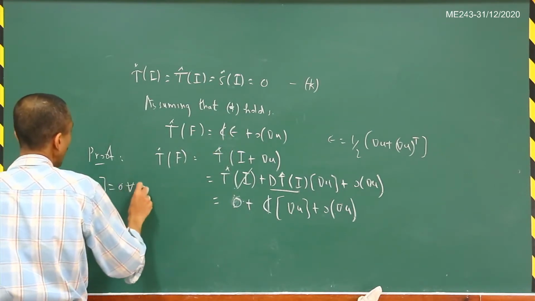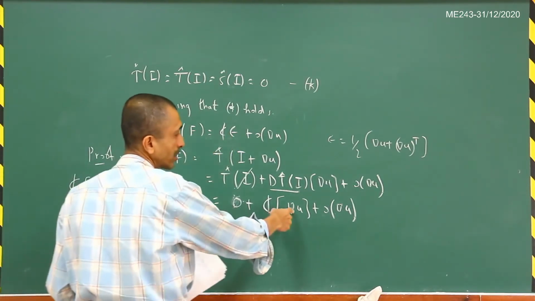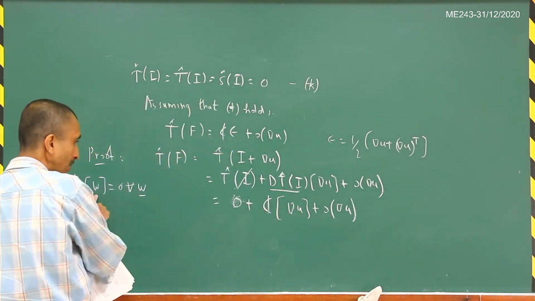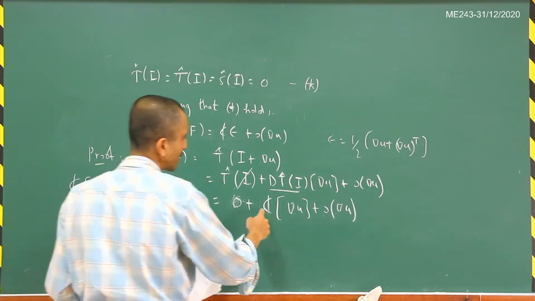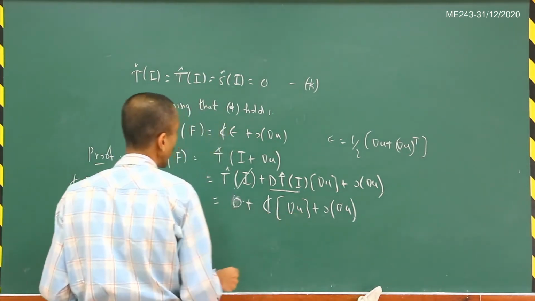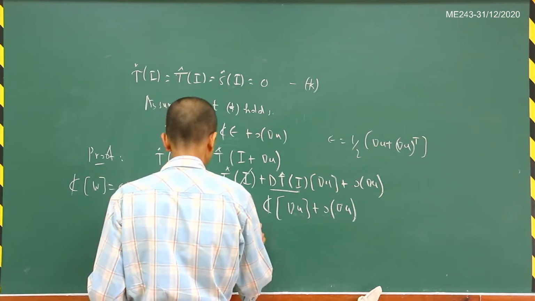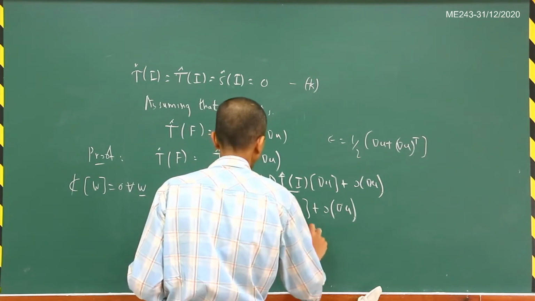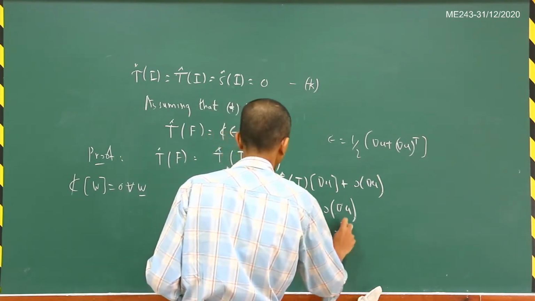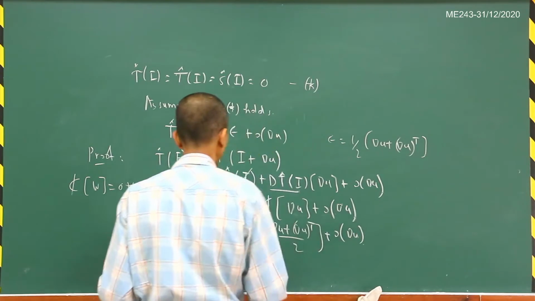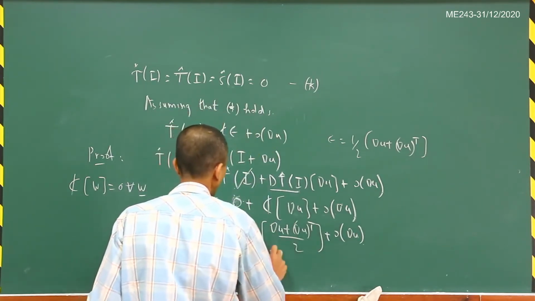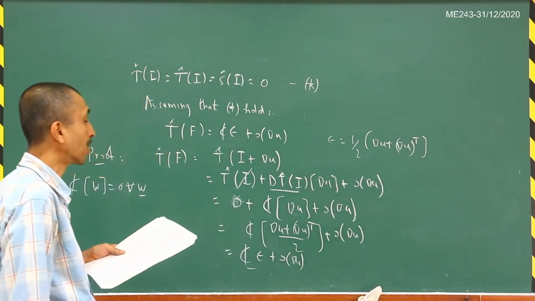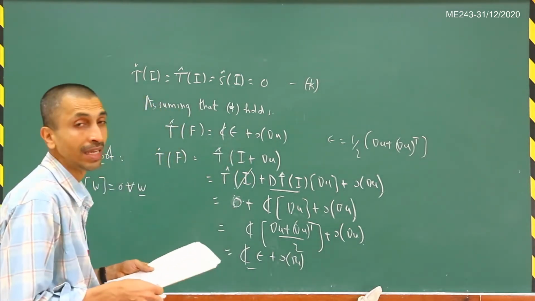So you can split this into a symmetric part and an antisymmetric part, and then c operating on the antisymmetric part is 0. Hence, you will get c operating on the symmetric part of del u. So this is equal to c times del u plus del u transpose divided by 2 plus order of del u, which is equal to c times epsilon plus order of del u. So this is what you will get as the constitutive equation for a linear elastic material.